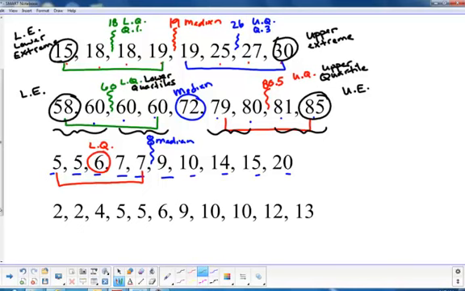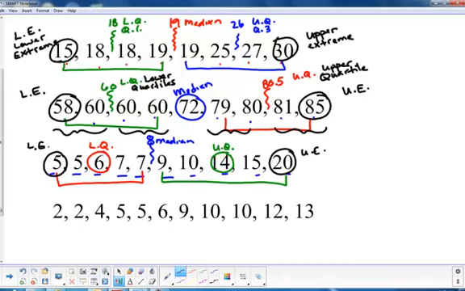And our upper quartile, because we're not using the one median number, is directly at 14. This is your upper extreme. This is your lower extreme. These 5 numbers circled, as I circle my median, is called your 5-number summary.